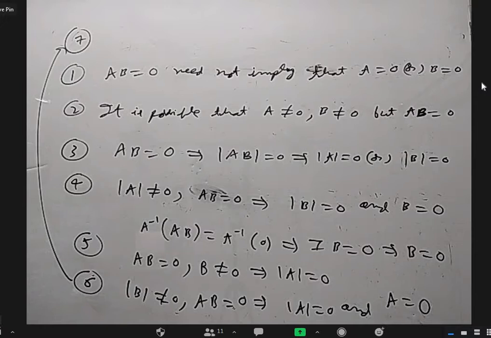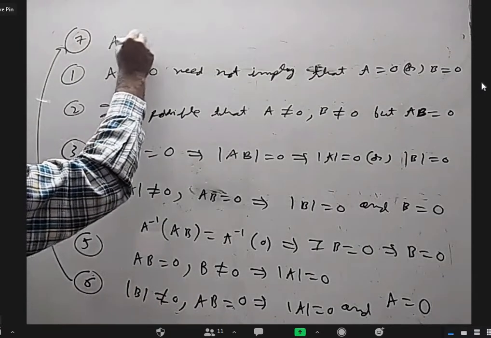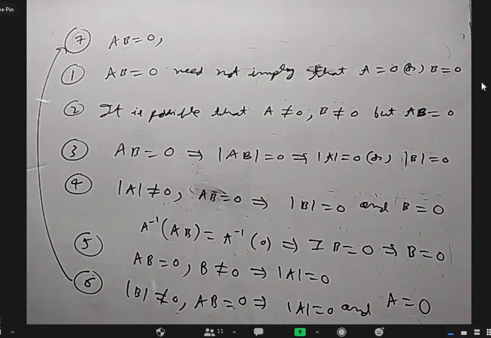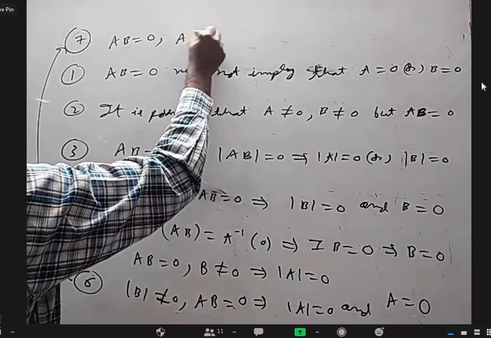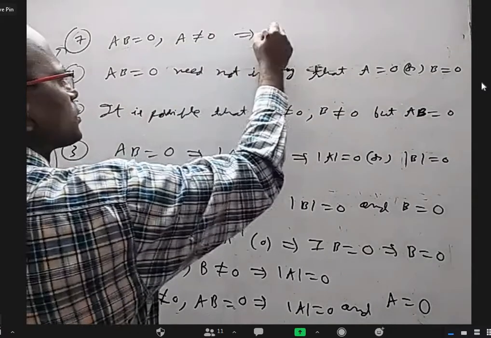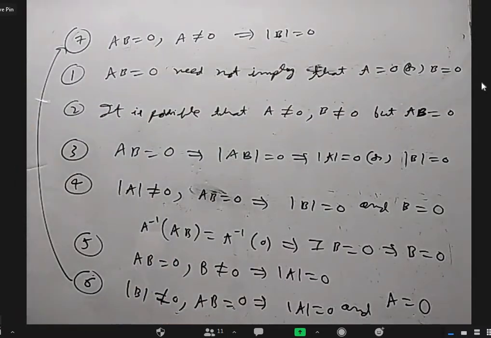What is this? Almost like this only, that if somebody gives you AB equal to null matrix and A should not be a null matrix, then B must be 0.